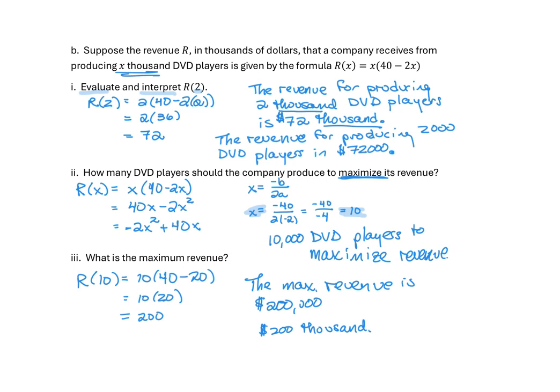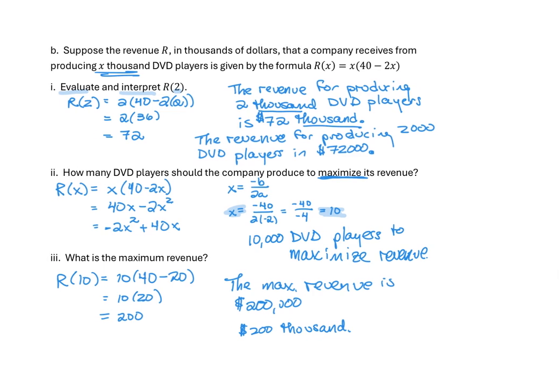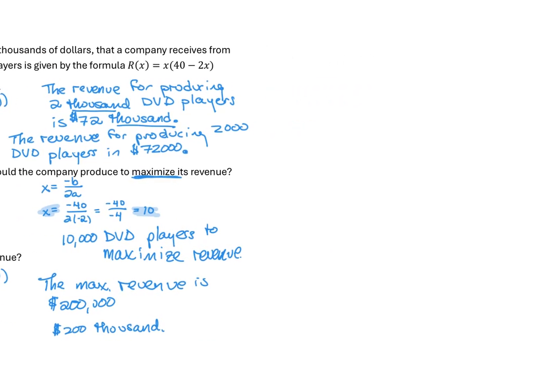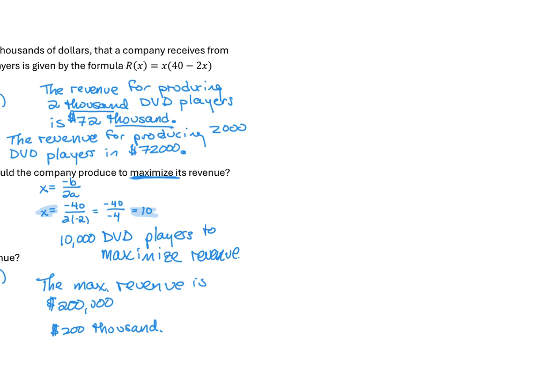Now, just so you know, there is another way that you can go ahead and find part 2. Because it is in factored form, let's see what it looks like. We can find our x-intercepts.